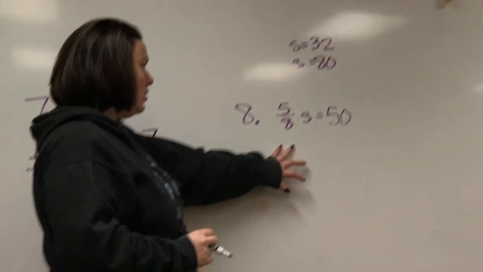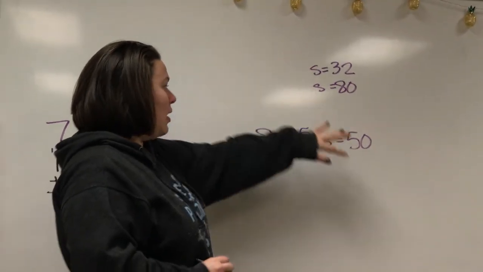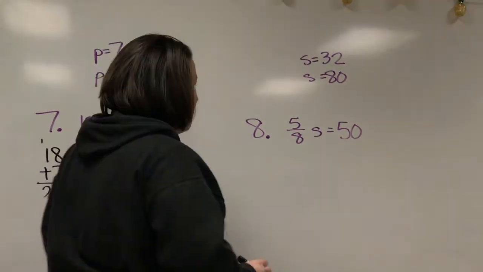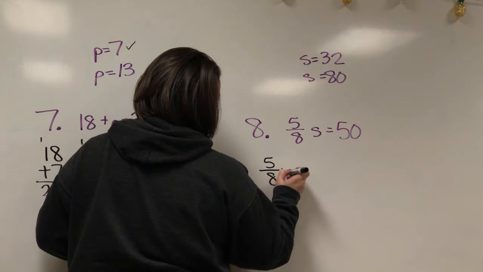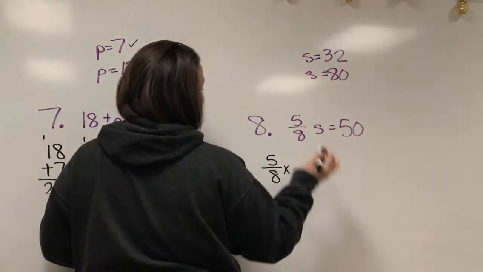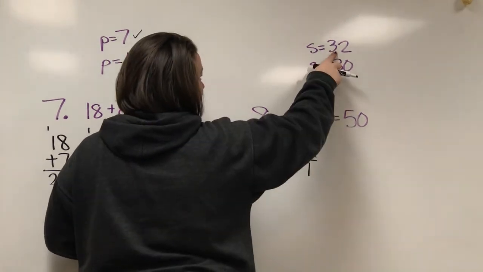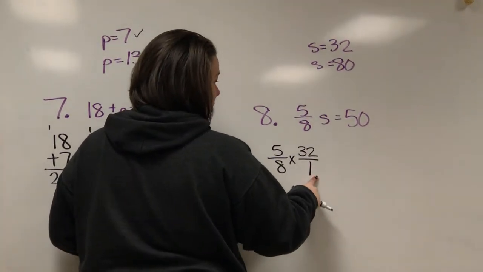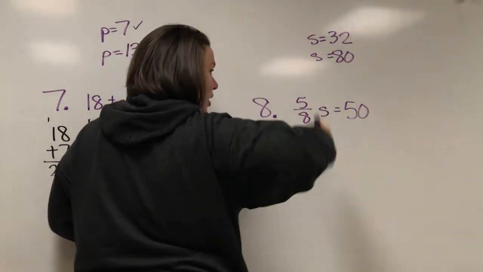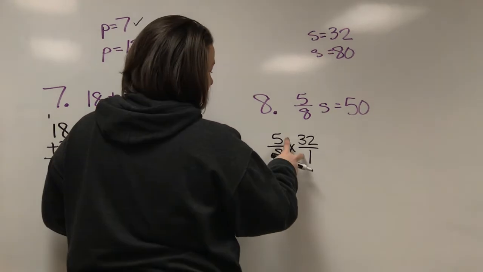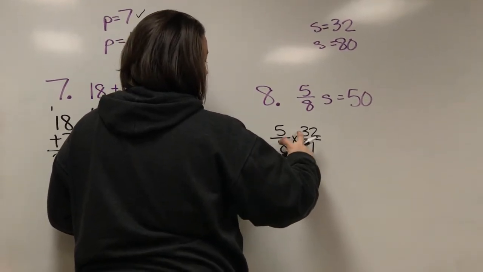Number 8, it's saying S is one of these 2 options, and it's going to get us the answer to 50. So I'm going to rewrite our problem. 5/8 times, let's start with the first one, 32 over 1, because this is a whole number and when we're multiplying fractions we have to put it over 1. I can do my crisscross simplifying. 5 and 1 don't have anything in common, but 8 and 32 do.